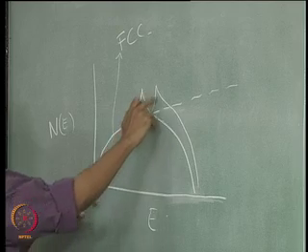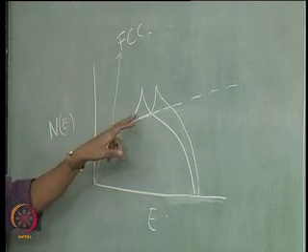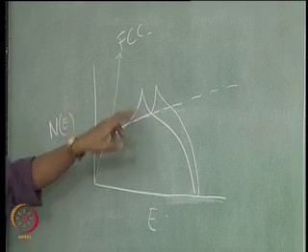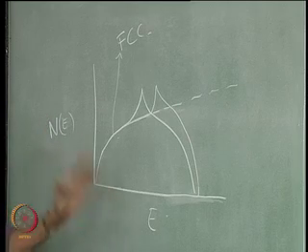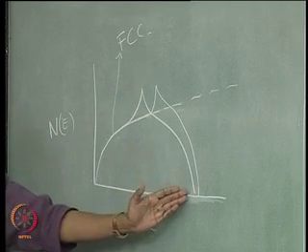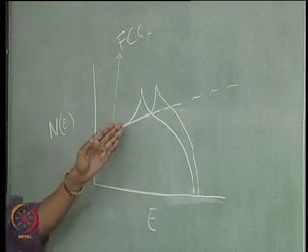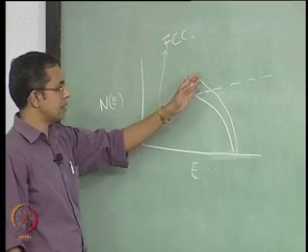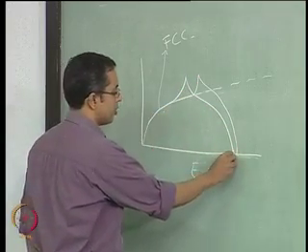When you do it for BCC, the body centered cubic structure, it does this. So the face centered cubic structure has a number of available states as a function of energy given by the diagram that is shown here, and when you draw the same thing for a BCC structure, it looks like this.